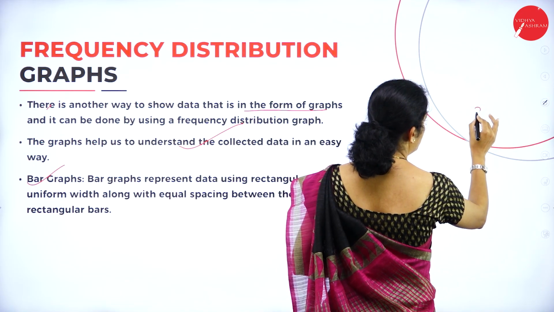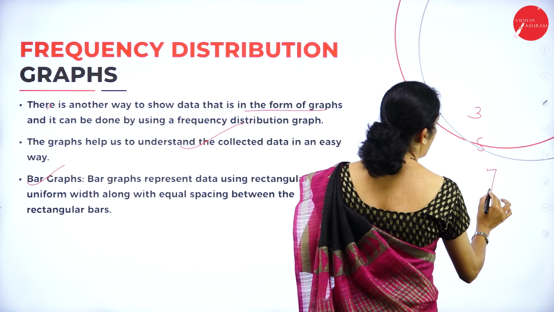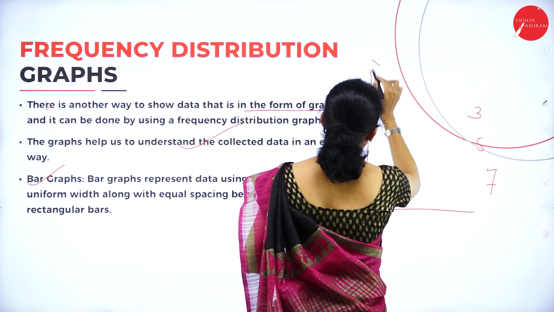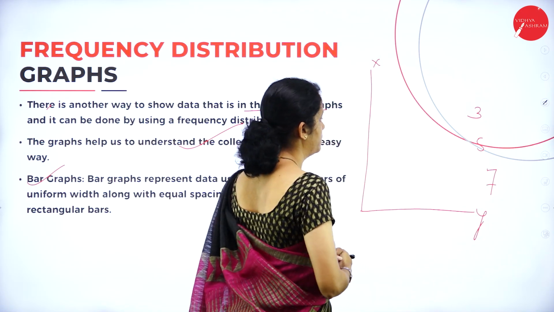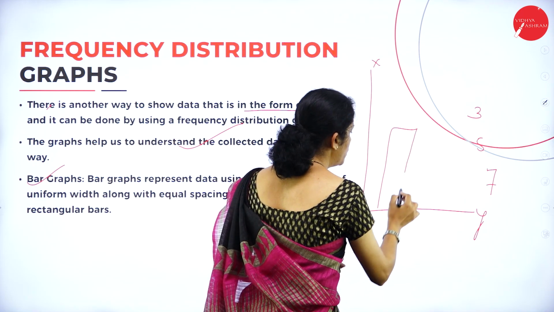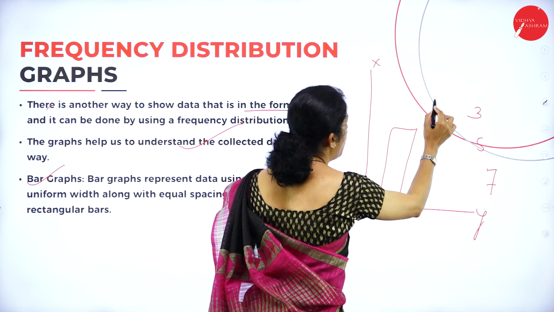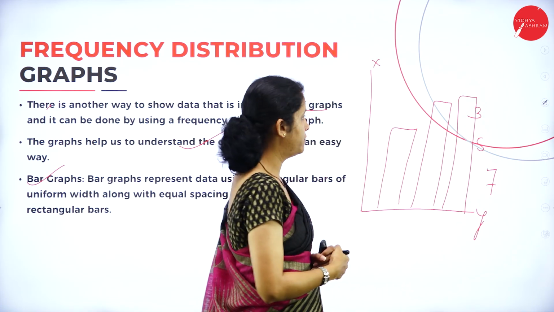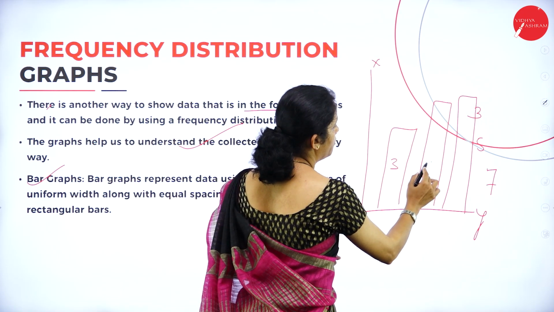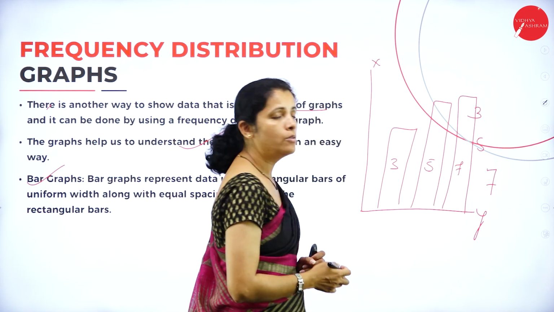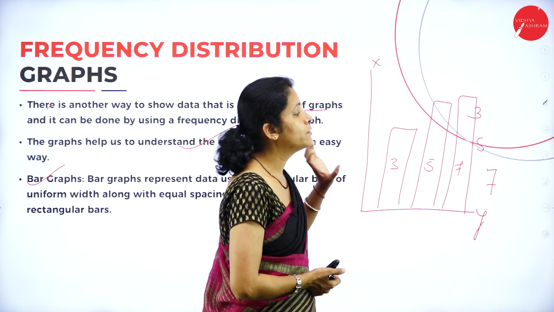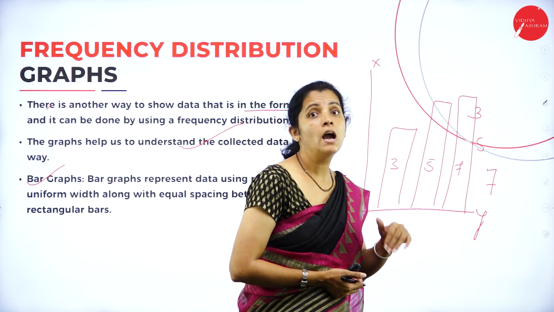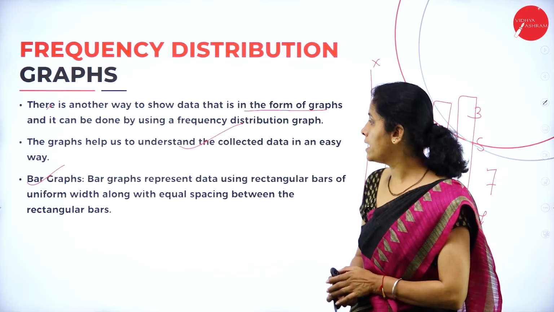So dear student, let me consider the data. Okay, see, I have 3, 5 and 7. So this is my x-axis and y-axis. Now, if I'm going to represent the data in the form of bar, then this is known as bar graph. See here, this is 3, 5 and 7. By seeing this one, I can very easily understand which data is going to have higher value or highest value.